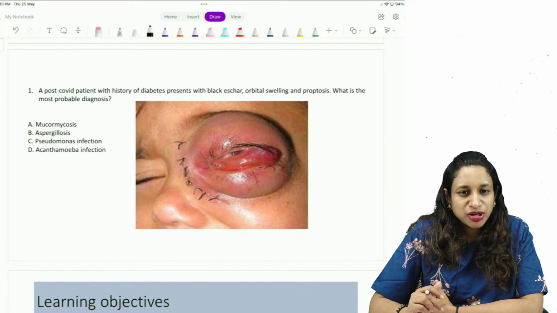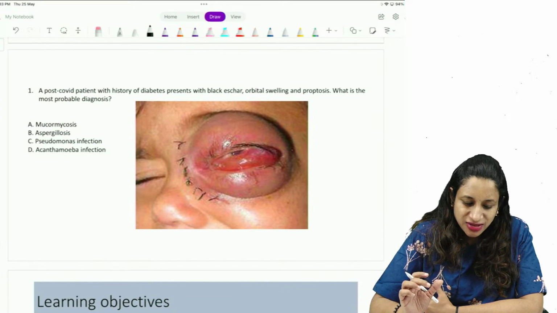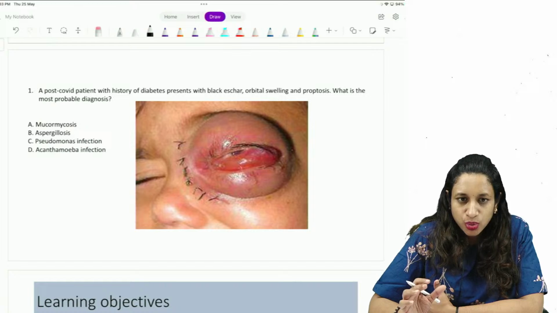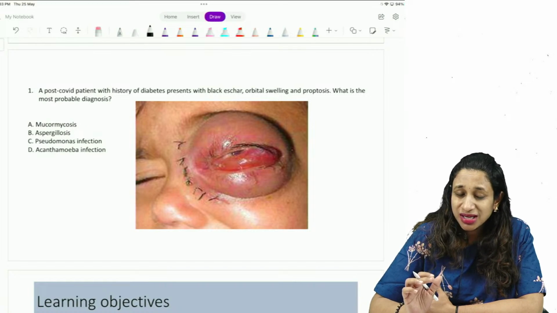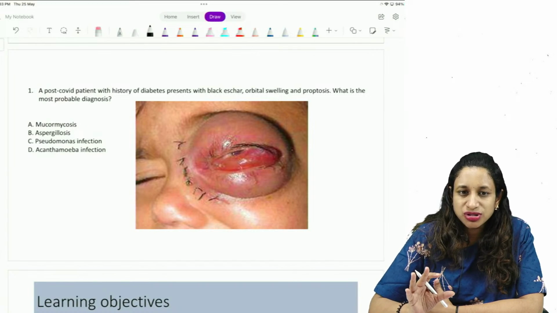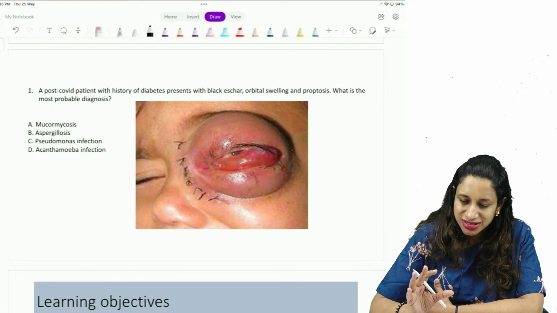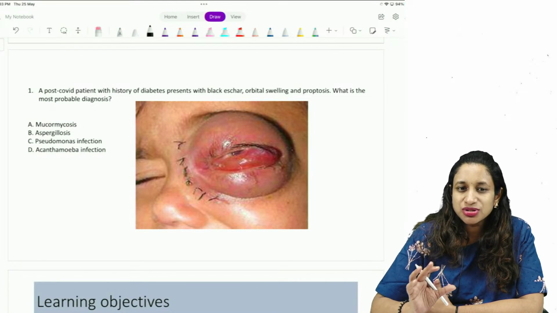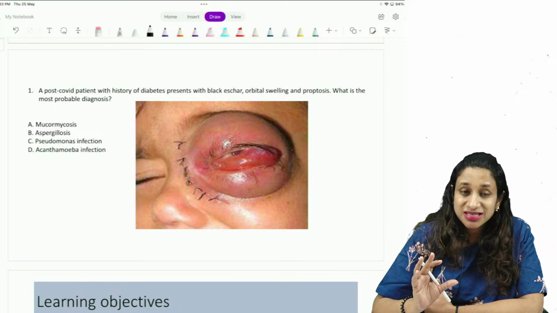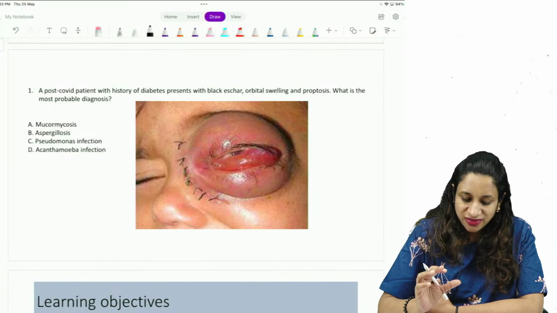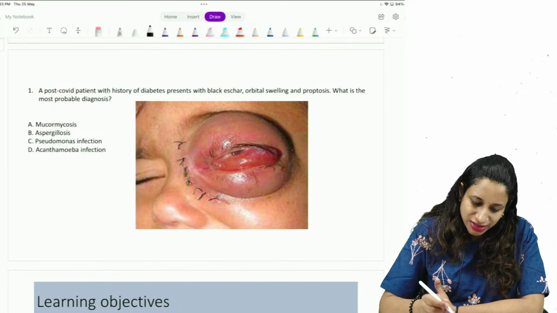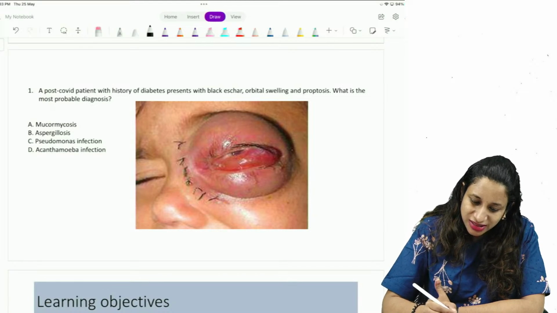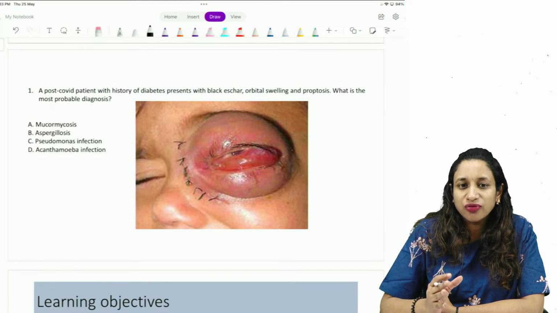This is pretty much what happens in mucormycosis, and if you can see, this is a previously asked question. Here is a case where there is a post-COVID patient with a history of diabetes.